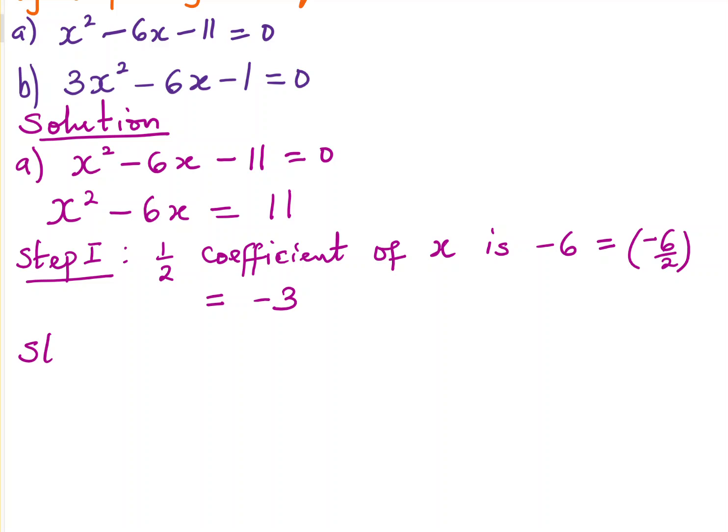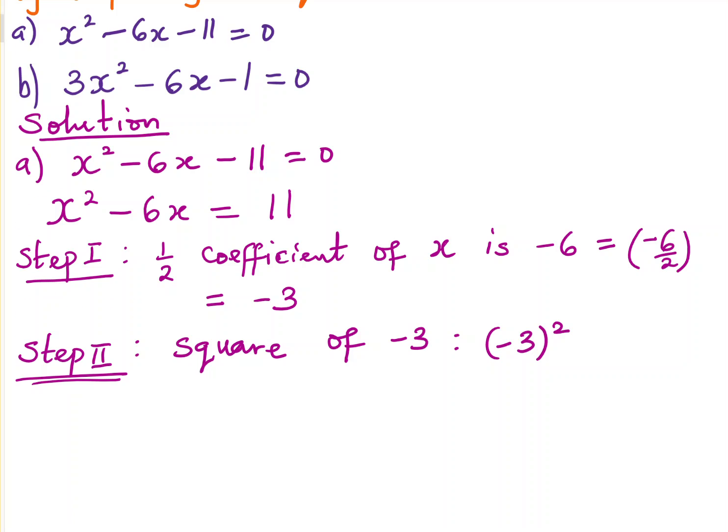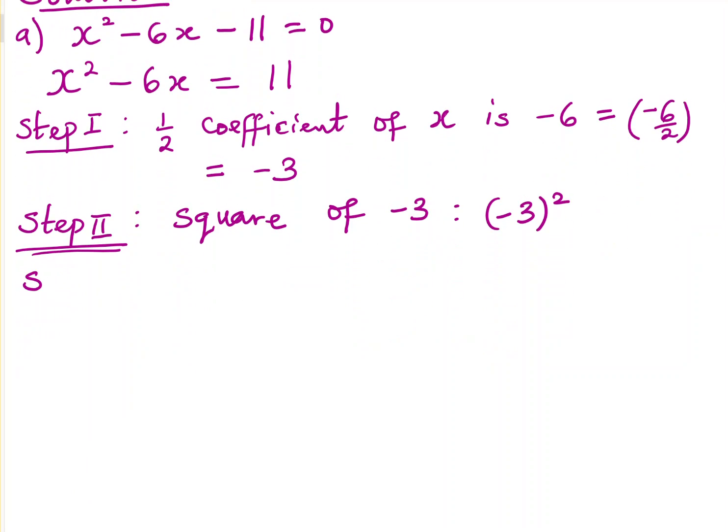So the next step, step 2, is to consider the square of whatever we have here, which is negative 3, and that is negative 3 squared. The next step that we are going to consider now is to add this negative 3 all squared to both sides.